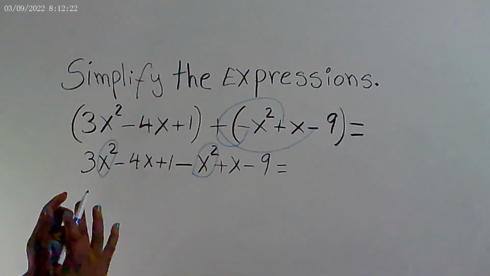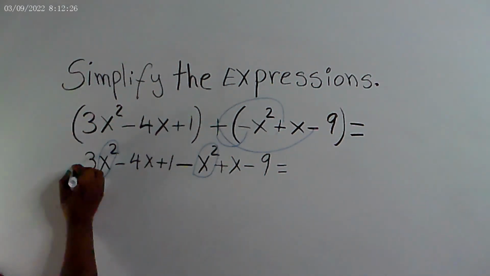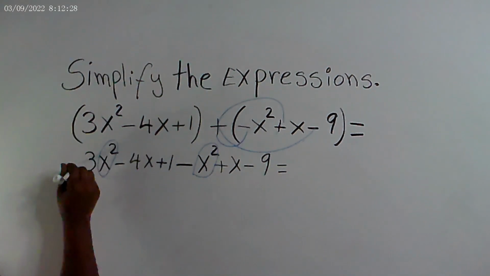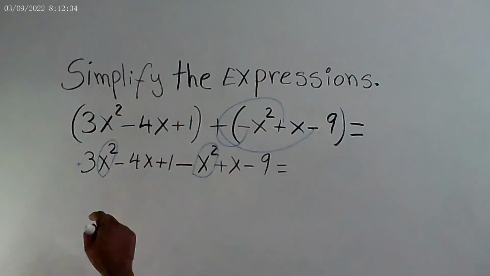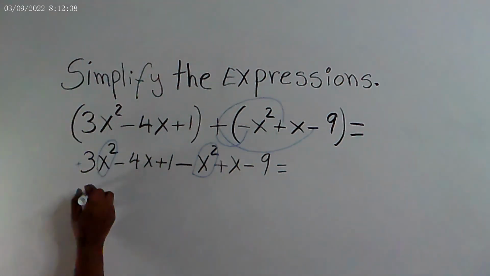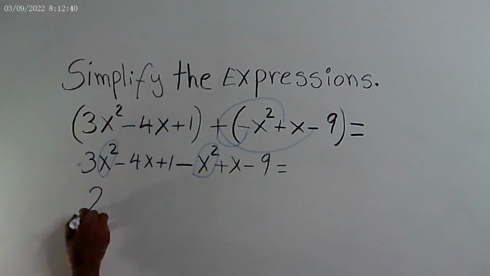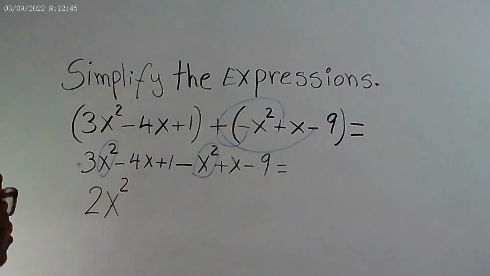We're going to collect them together. So in front here you have a plus, plus 3x squared minus x squared. You're going to do subtraction. So that gives you 2, and you keep the variable, which is x squared.